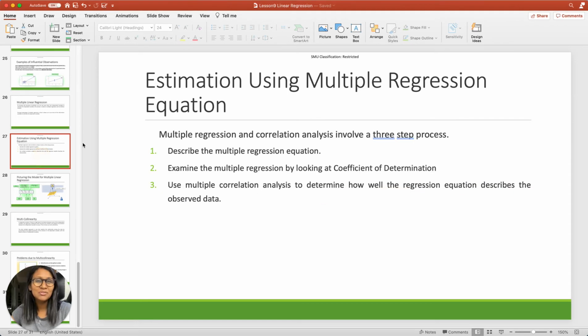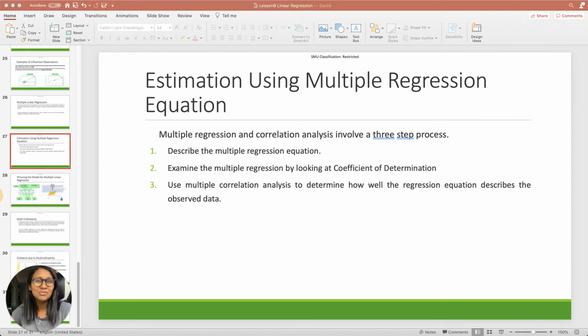Now let's talk about the steps for creating a multiple linear regression model. Remember the concepts and assumptions and other things that we talked about with simple linear regression remain pretty much the same, but there are a few extra things that we need to check for, and I will be talking about those.